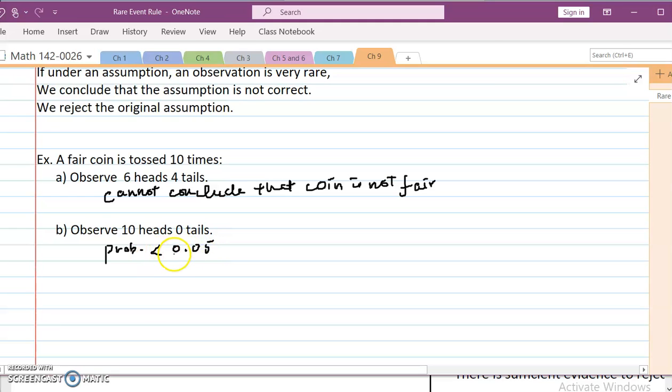It's not supposed to happen. So the rare event rule says that I observed something, and this has occurred. Just remember, this is an observation. You see this in real life. What would you do? You would conclude that the coin is not fair, right?